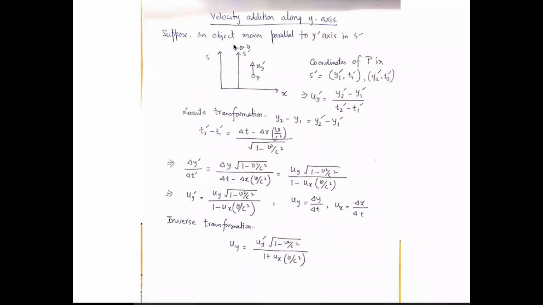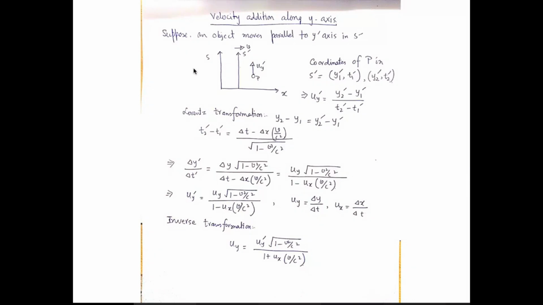Now for the coordinates of P in S prime, I measure at two different times, t1 prime and t2 prime, the positions along the y direction, y1 prime and y2 prime. So what would be the velocity? I calculate it by simply this formula. Now I try to transfer that to the other frame, which in our conventional setup is not moving.